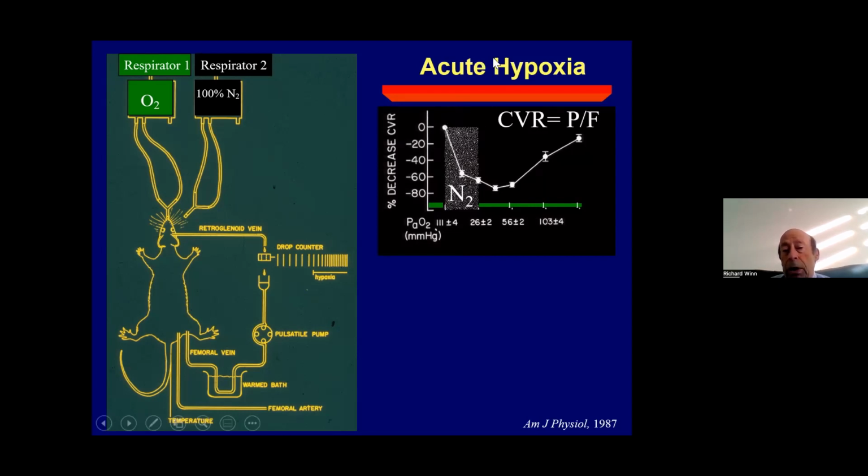So flow would be going up like this. And what you see is that the vessel diameter increases in size, flow increases consequentially, and within 15 seconds, there's a statistically significant decrease in cerebral vascular resistance, which persists. And then with the return of oxygen, cerebral vascular resistance returns towards resting state.